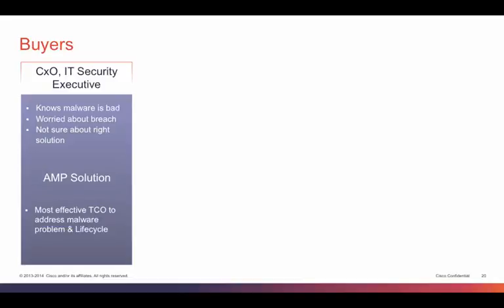They've probably read some stuff online or what have you. And in this case, we want to be able to position the entire portfolio, the entire solution. The reason for that is that it's going to give them the most effective total cost of ownership to address malware and the malware lifecycle.